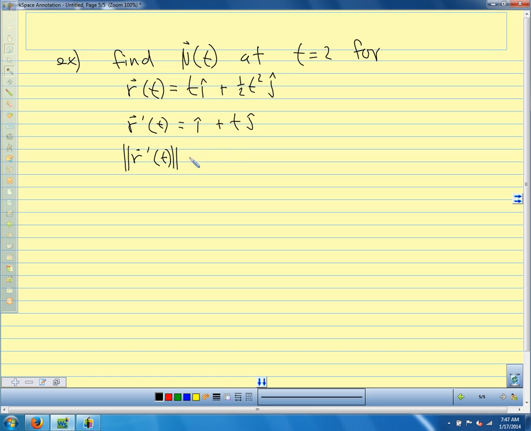So the magnitude of r prime is going to be the square root of 1 plus t squared. So our unit tangent vector at any time is 1 over the square root of 1 plus t squared, I almost forgot the square root again, times i plus t j.